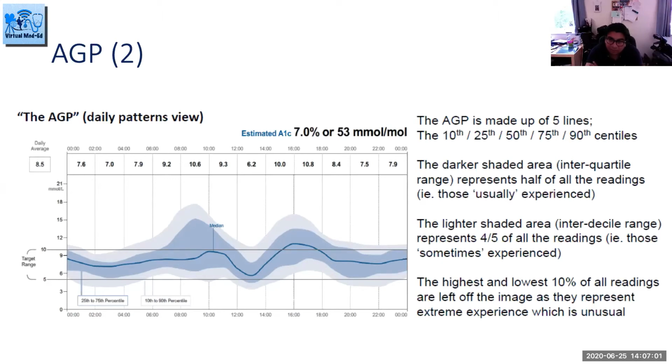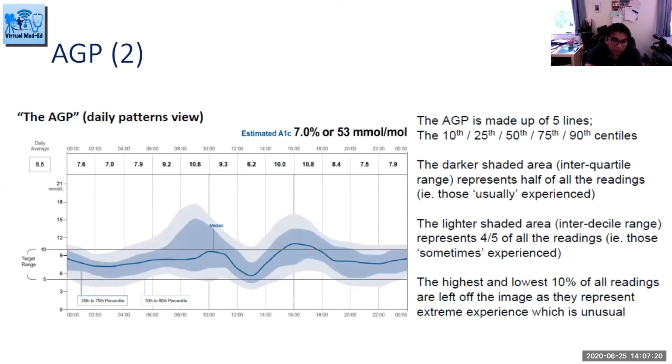But certainly what it tells us, that's less common. The patient spends less time in those kind of areas. And then obviously you've got the extremes, which is not really reflected on the graph. Those are few and far in between and wouldn't help us in terms of interpreting the AGP. So that's been ignored or deleted from a typical AGP.